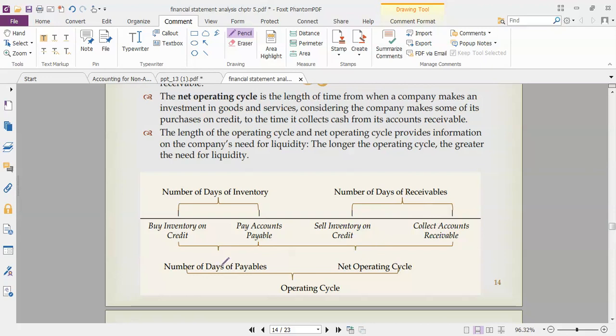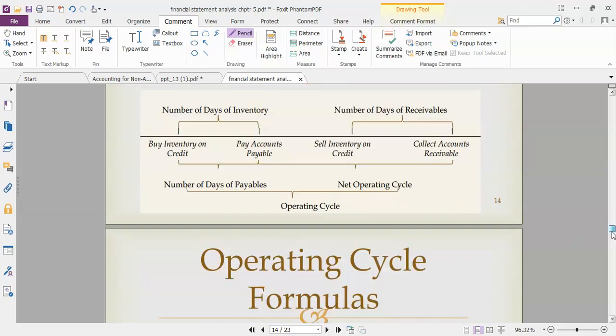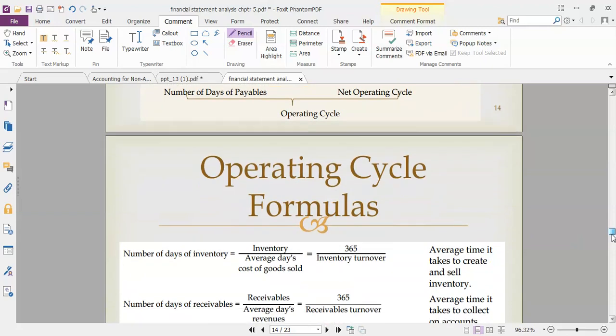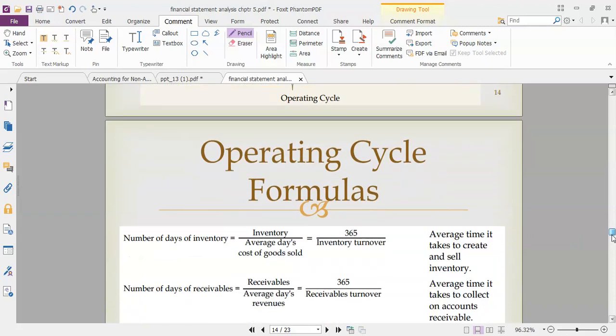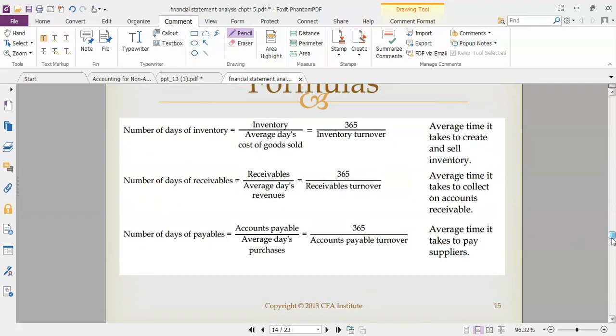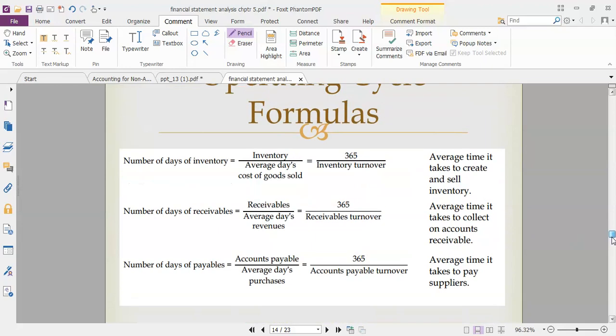Both the number of days of payables and the net operating cycle will derive the operating cycle itself. So what is the formula? We have three types of ratio that we need to calculate. The first one is the number of days of inventory.